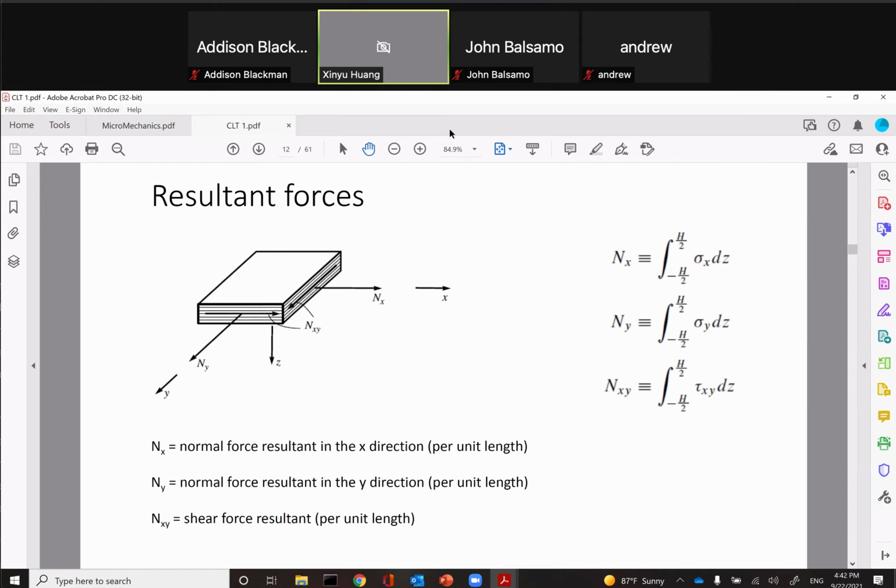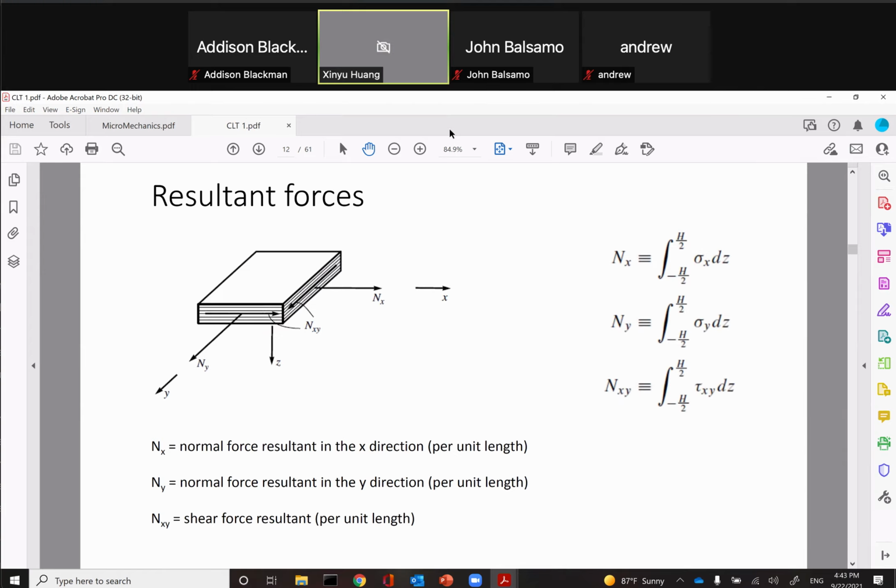Now, since you have more than one stress, there are shear stresses too. You have a total effect in this direction as well, on this section. So you call that nxy. This is calculated by this equation right here. And then you have ny.